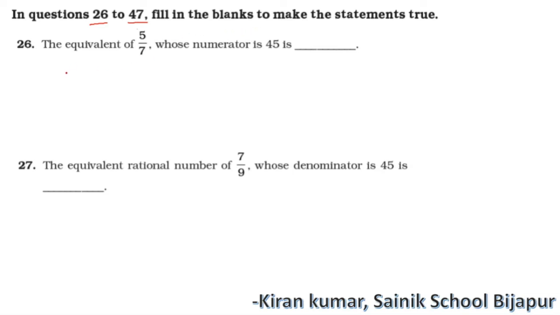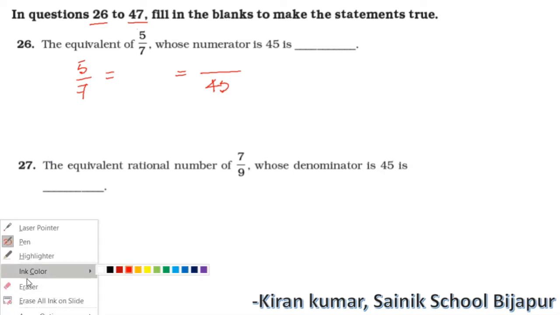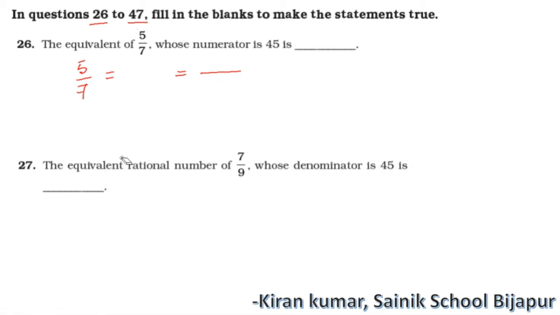The equivalent of 5 by 7 whose denominator is 45 is, when I take 5 by 7 to get the denominator as 45, the numerator as 45, not the denominator, we need to multiply this 5 with 9.